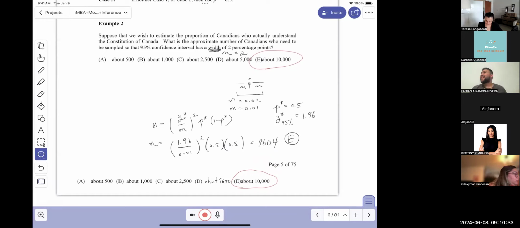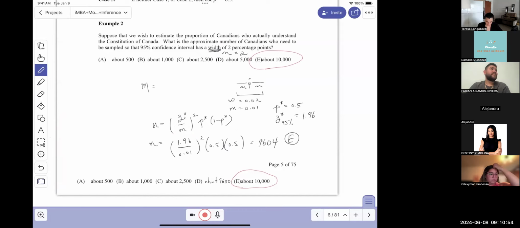So we're trying to be precise. We want to be within 2 percentage points width. So we want it to be tight. Remembering the formula for margin, this formula comes from the formula for margin. What is the margin of error?